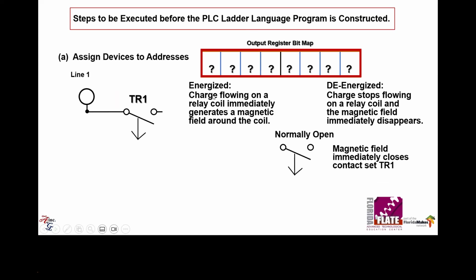Energize will, when the charge is flowing, immediately generate a magnetic field around the coil. De-energize means that when charge stops flowing on the relay coil, the magnetic field goes away. So this symbol is for a normally open, right? And the magnetic field will pull the contacts closed.